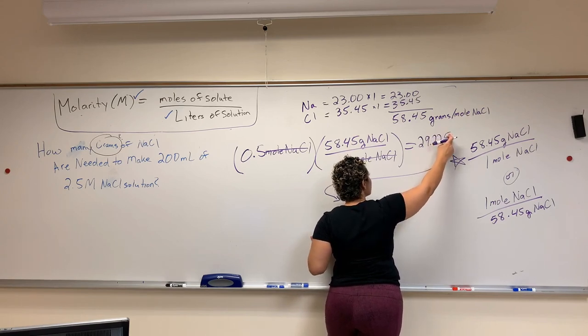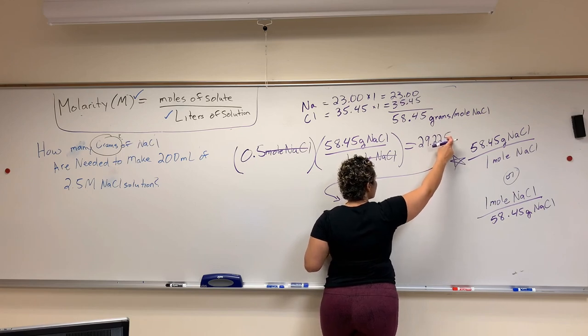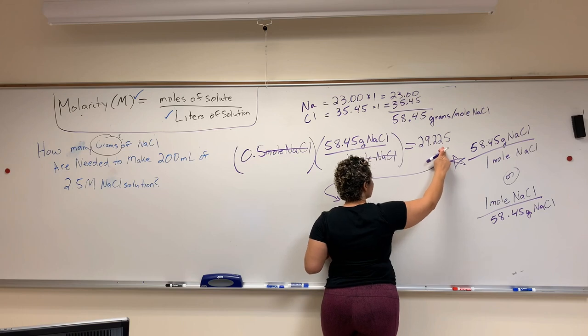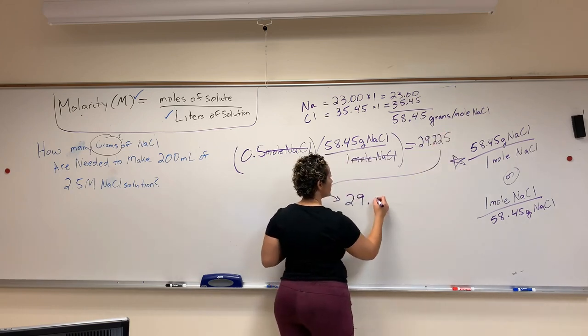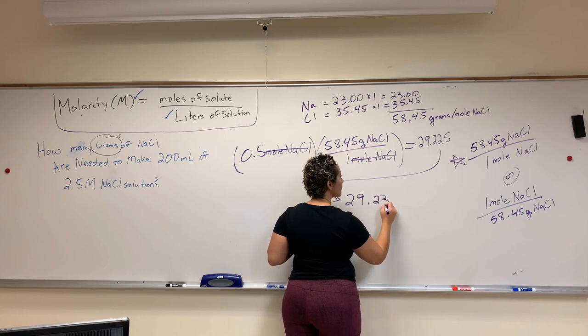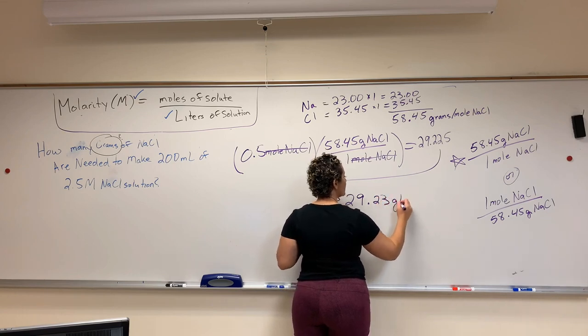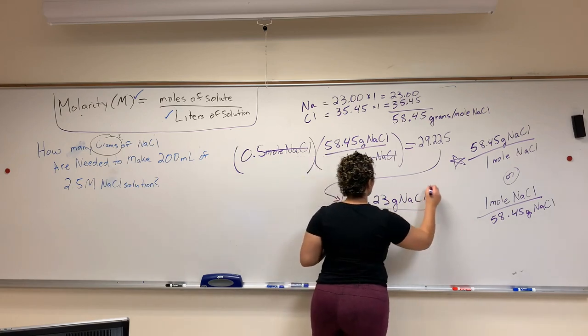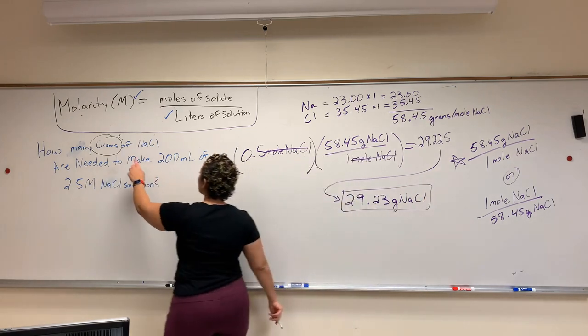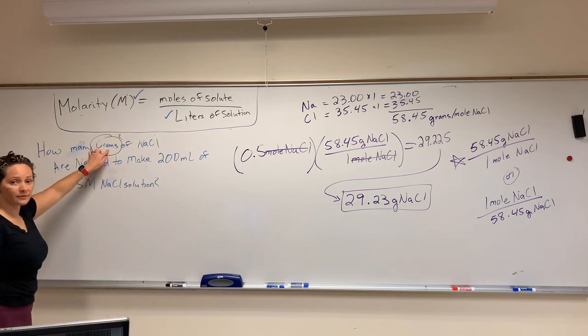Since this is on the periodic table and this is where our calculation took us, and we are going to the hundredths place, I said round down, my apologies, we're going to round up to there. So it's going to be 29.23 grams of salt, sodium chloride. We just answered this question. How many grams?